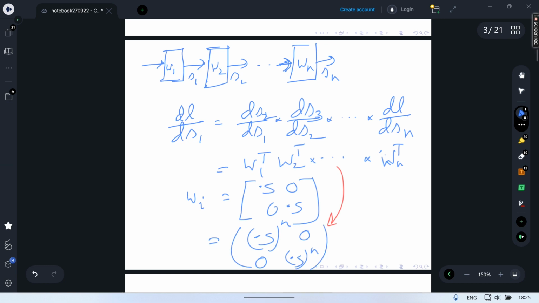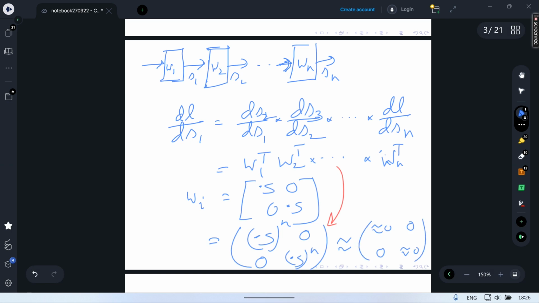Now, as you know, as n increases, 0.5 to the power n becomes close to 0. So the matrix you will get is close to 0. All the elements of the matrix are close to 0.